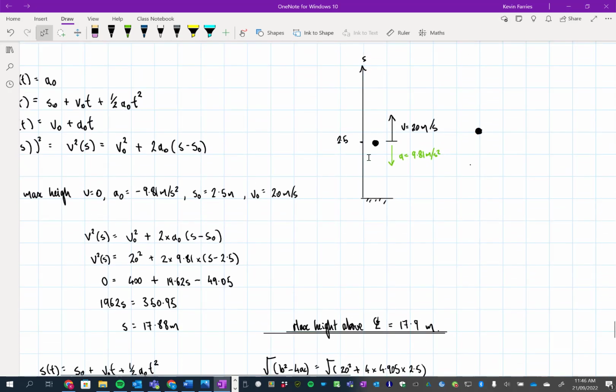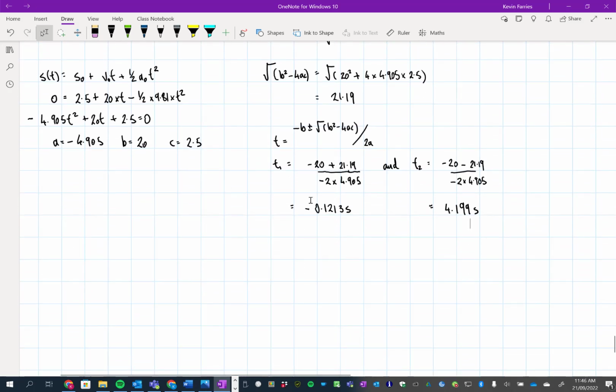What we are interested in is when it's going to hit the ground after you've chucked it, not before you've chucked it. It doesn't even exist before you've chucked it. These equations weren't true before you threw that, because before you threw it, the acceleration was 0. The equations we're looking at are for the stage of this motion where the acceleration is 9.81 meters per second squared. Okay, so this answer is meaningless in our context.